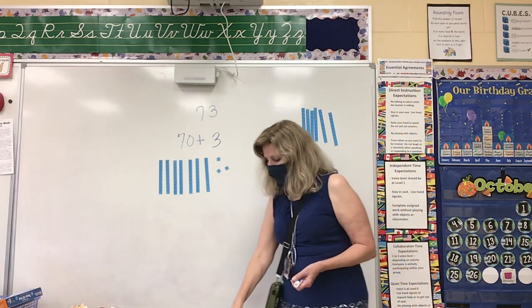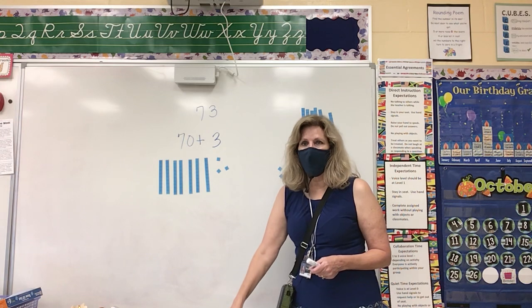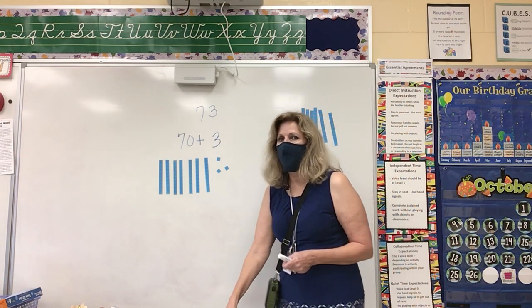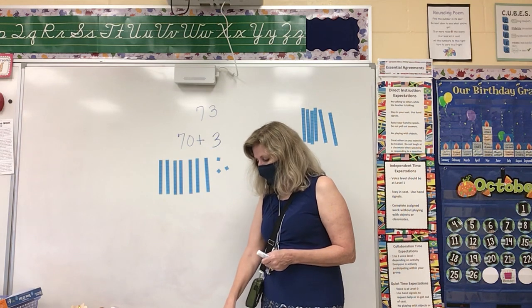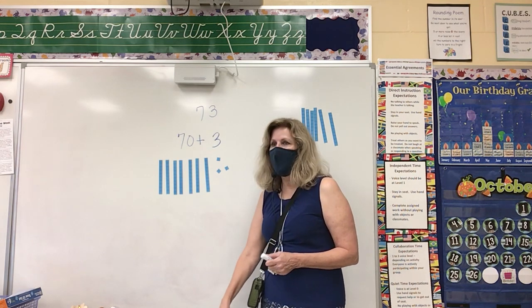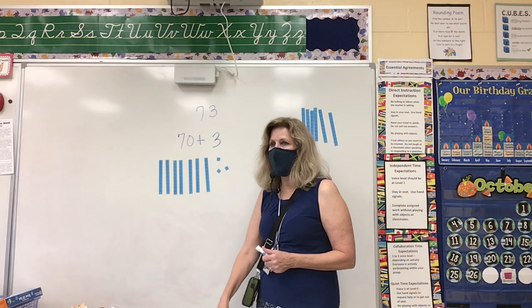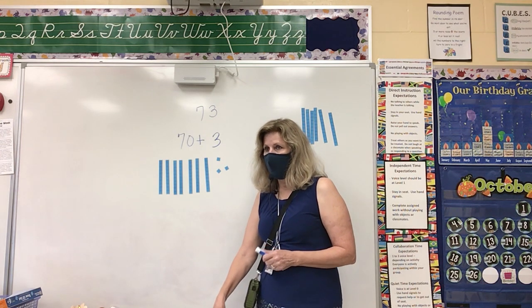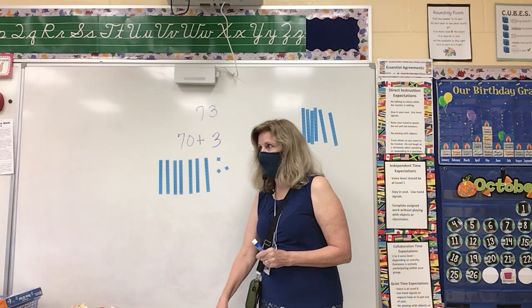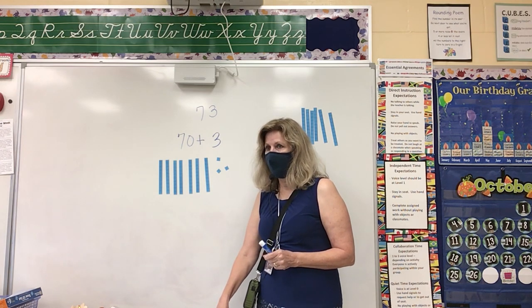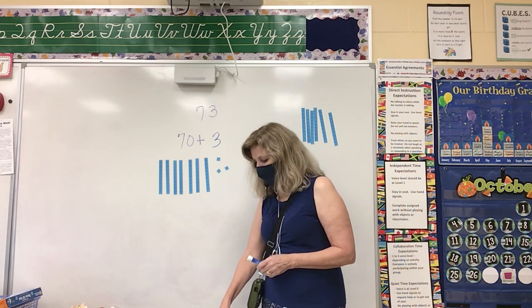Then we have 2 10s and 7 ones. What does that equal? Simone? 27. Then we have 20 plus 7. What does that equal, Jack? 20 plus 7.